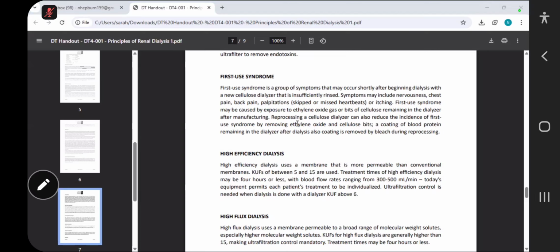Now it could remain in the dialyzer and a person doesn't have a reaction to it. That's just like how some people can eat shrimp and some people can't eat shrimp. But very rarely, it does happen. Everybody understand first use syndrome? Please read up on it and learn it. And together with first use syndrome, look up the complement system.